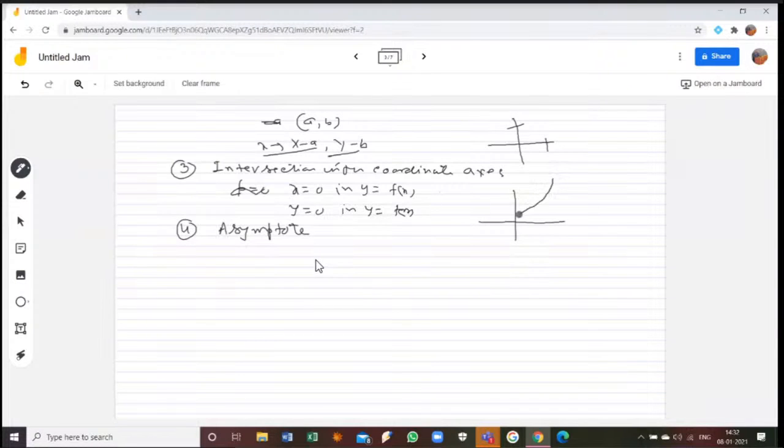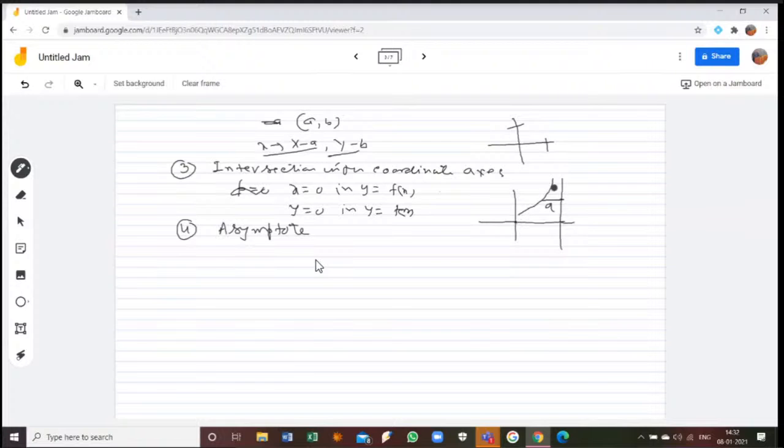Suppose there is a curve, and at a fixed distance from the origin there is a line, a line at a finite distance from the origin. There is also a distance between this curve and the straight line.